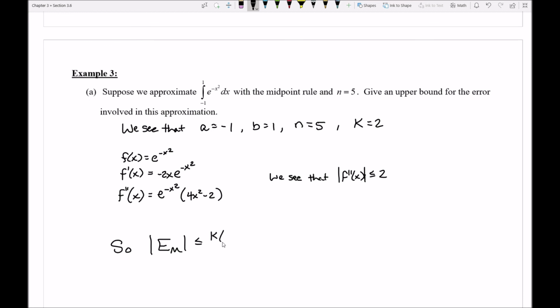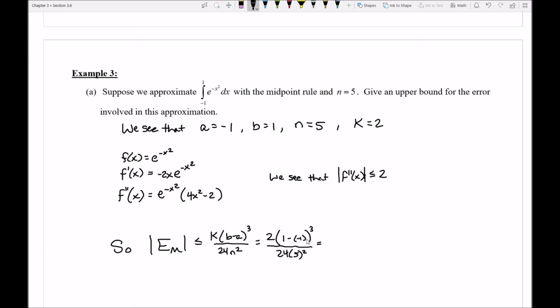It was k times the quantity b minus a to the third over 24n, that should say n squared. 24n squared. So I can fill in all my pieces now. I have 2 for k, 1 minus -1 cubed, all over 24, and I have a 5 squared.